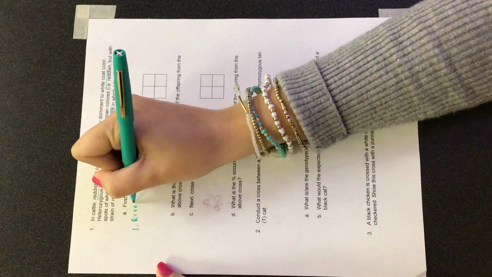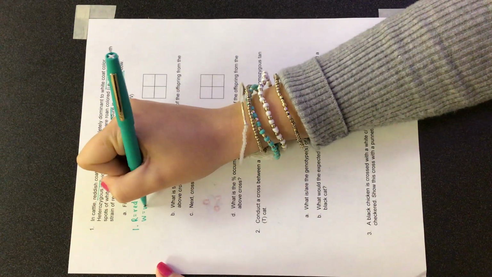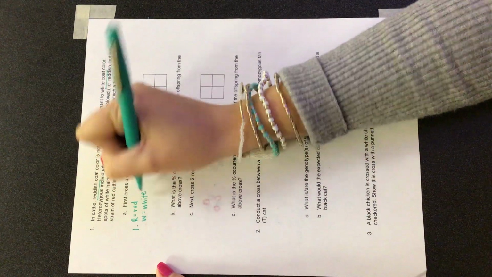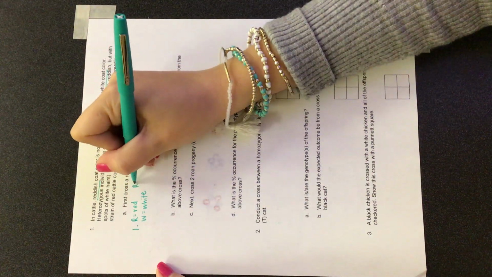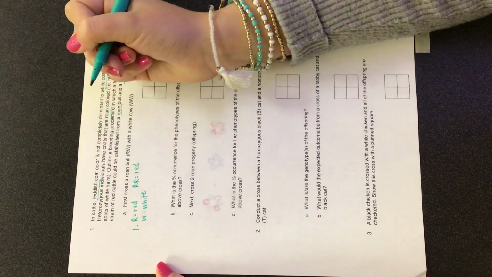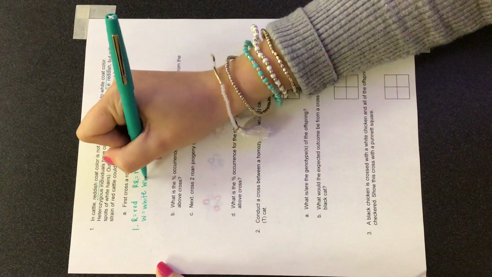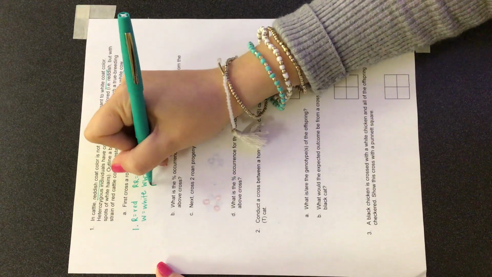R is red, W is white. If my genotype is RR, my cow will be red. If it is WW, my cow will be white. And if it is RW, my cow will be roan.